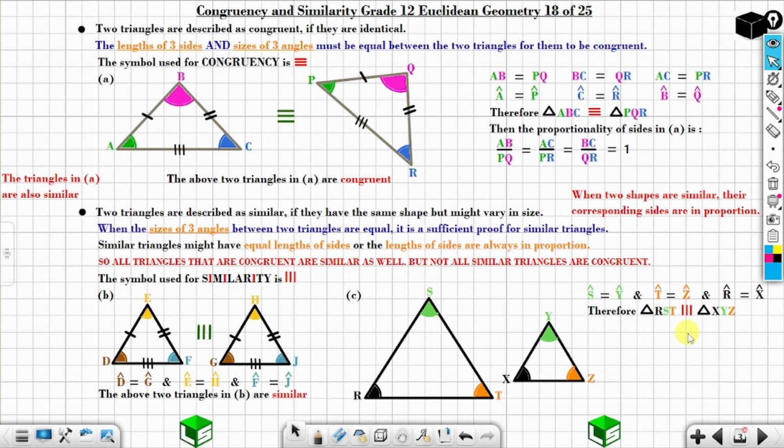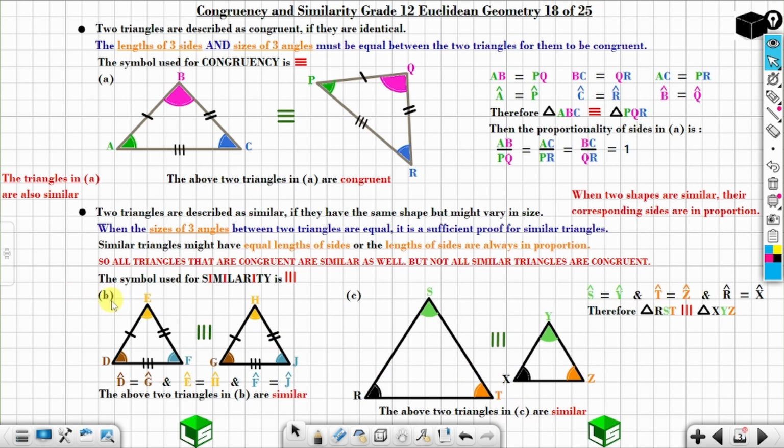Always make sure you write this in the correct order. So the 2 triangles are similar. So you can say the above 2 triangles in C are similar.